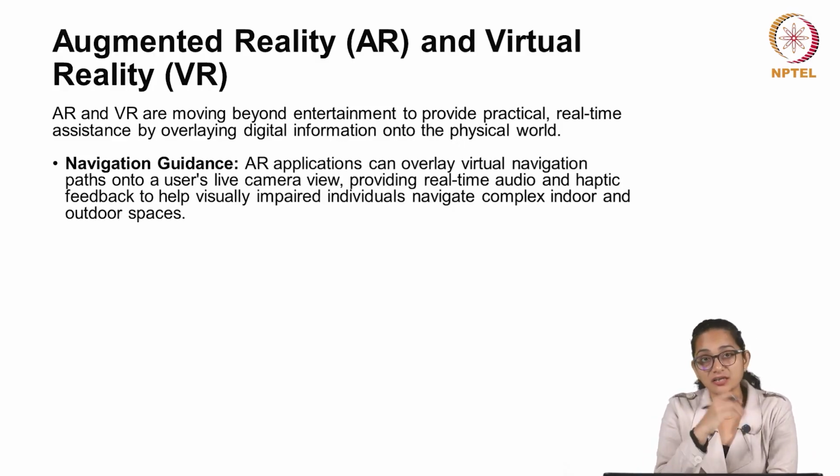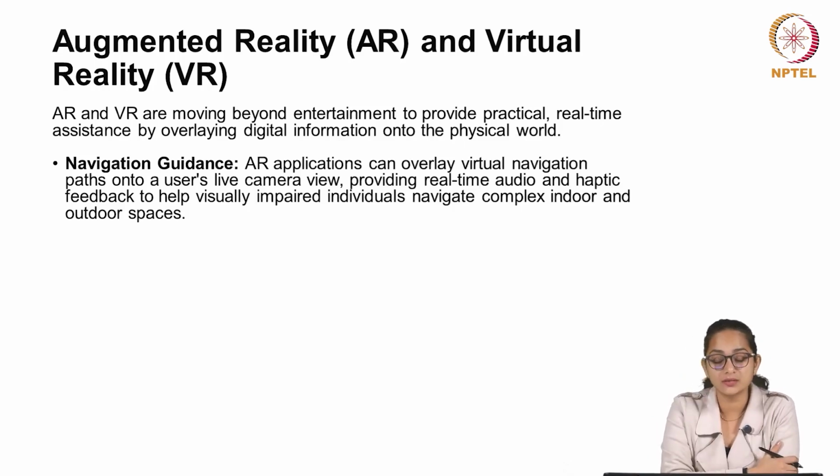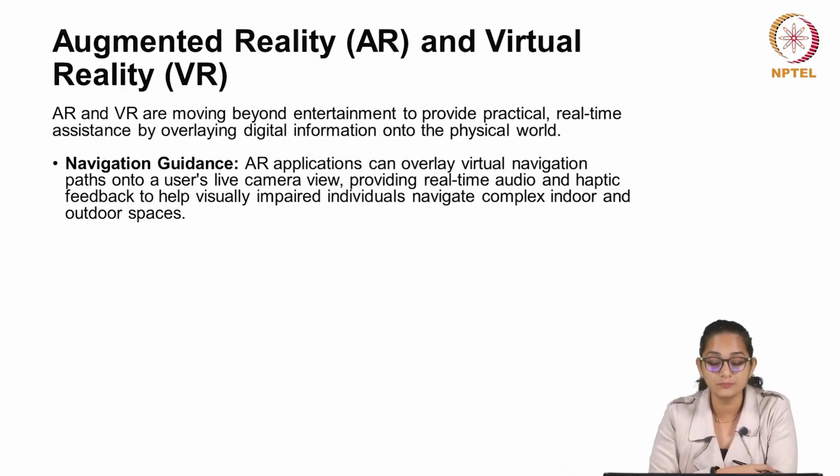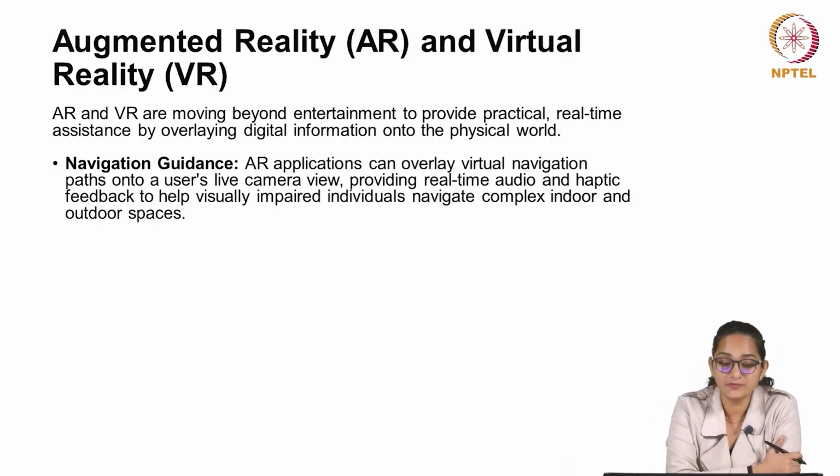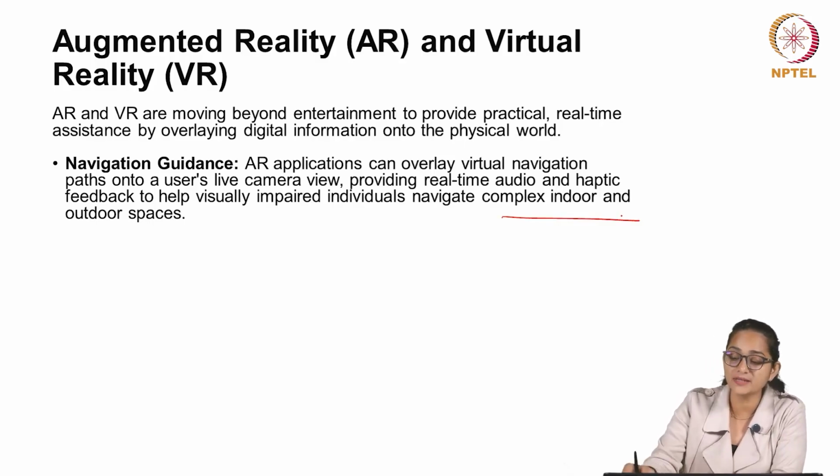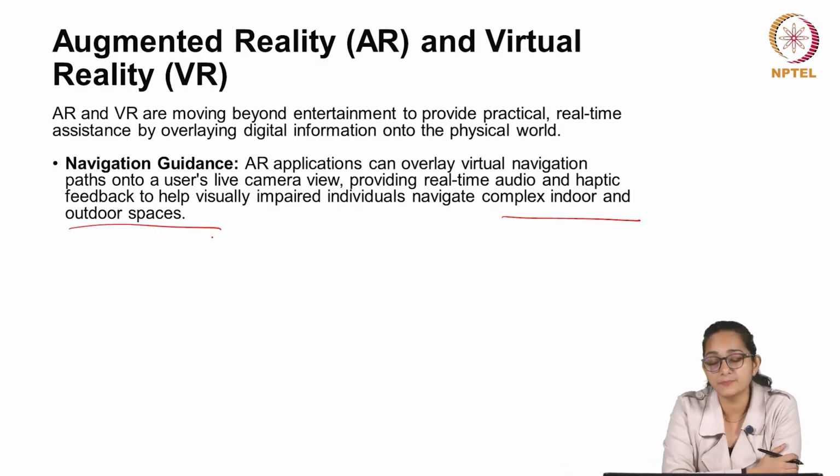Navigation guidance is one important use case which can benefit from AR applications. AR applications can overlay virtual navigation paths onto a user's live camera view, providing real-time audio and haptic feedback to help visually impaired individuals navigate complex indoor and outdoor spaces.